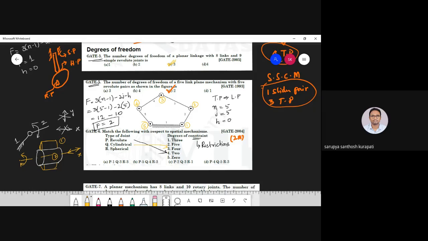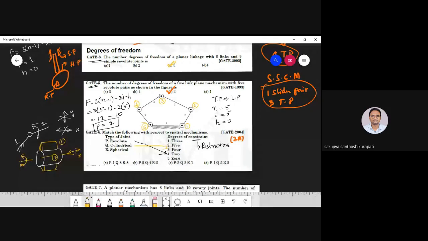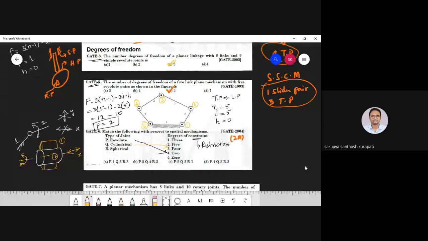Spherical. In the spherical pair, as I said, like the ball and socket joint, or you can see your neck. Along the x-axis you can rotate, along the y-axis you can rotate, along the z-axis also you can rotate.